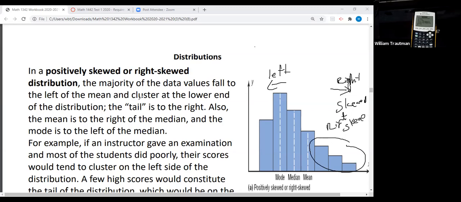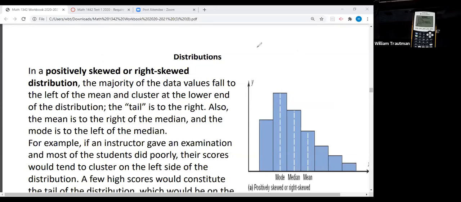But we don't always say right skewed. Instead, sometimes we say positively skewed. So right skewed and positively skewed mean the same thing. Just put a little note there showing right skewed and positive skewed. They both mean the same thing. There's less data on the right side, even when it says positively skewed.